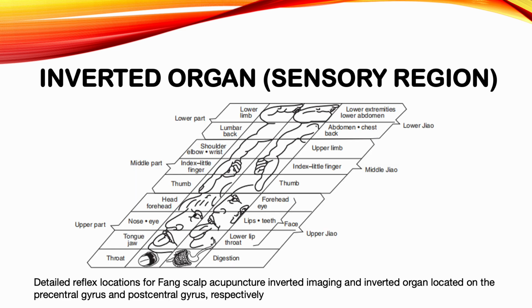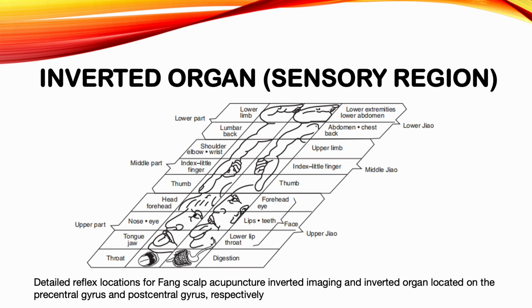This line is divided into 3 portions. The first portion is the lower 1/3 and is called the upper jaw, which includes the internal organs above the diaphragm, teeth, tongue, throat, eyes, and head.